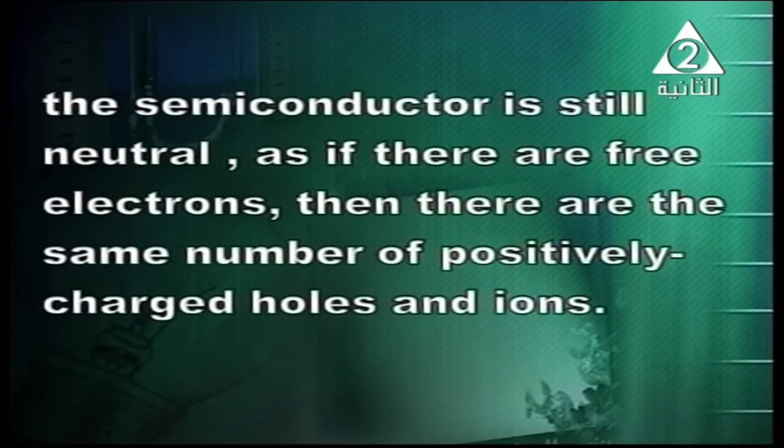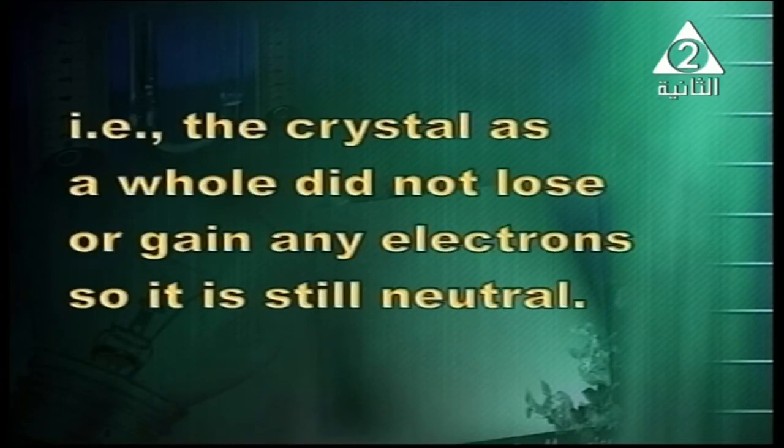The semiconductor is still neutral, as if there are free electrons, then there are the same number of positively charged holes and ions. That is to say, the crystal as a whole didn't lose or gain any electrons. So it is still neutral.